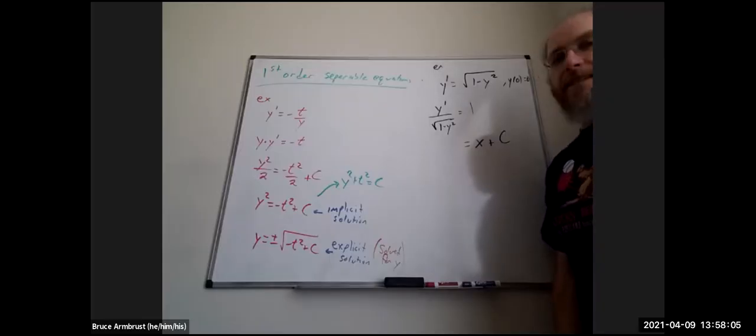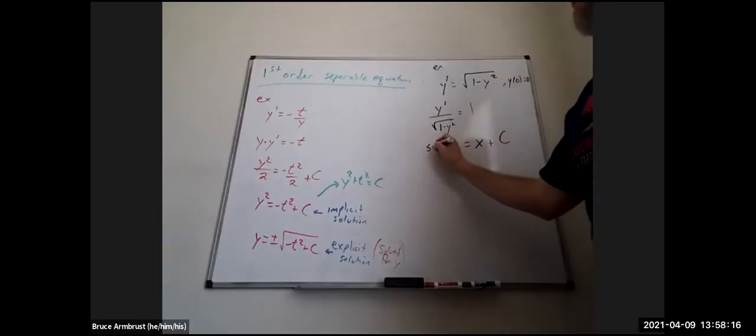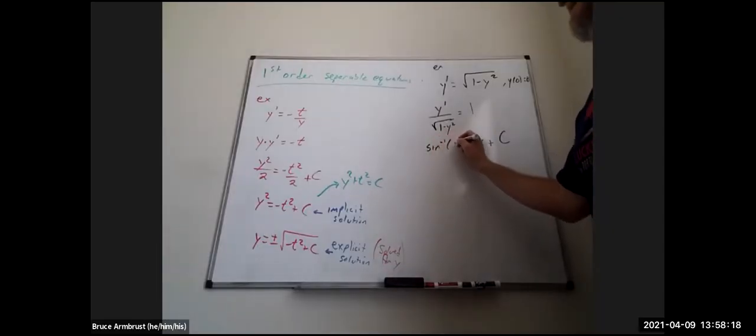Inverse tangent? Oh, close. It is an inverse trig function. It's just not tangent. Tangent's 1 over 1 plus y squared. Inverse sine? Yeah, it's inverse sine. This guy's sine inverse of y.